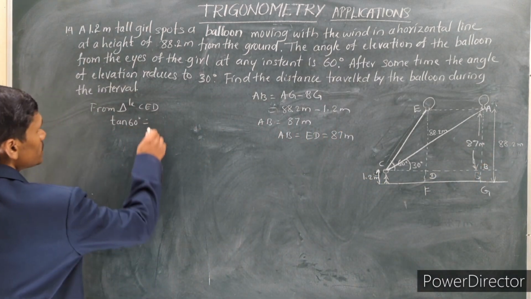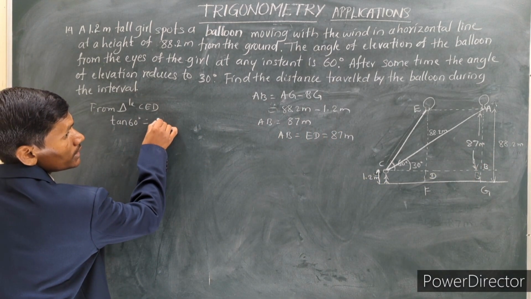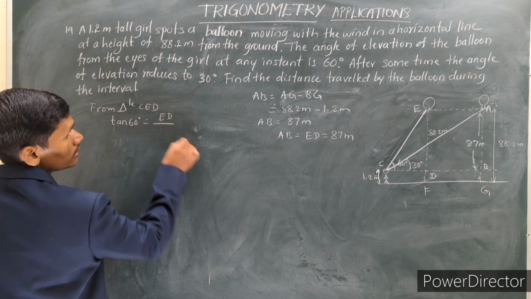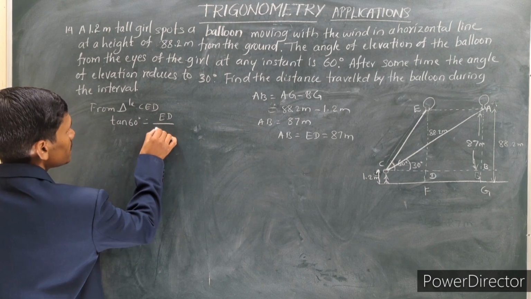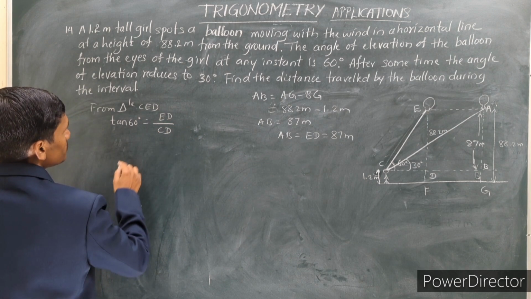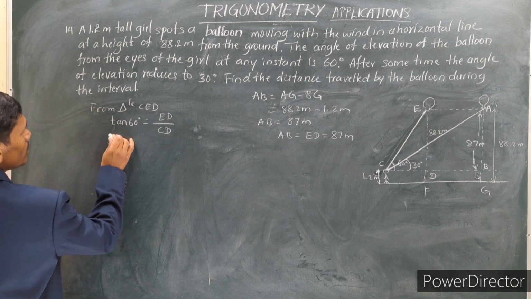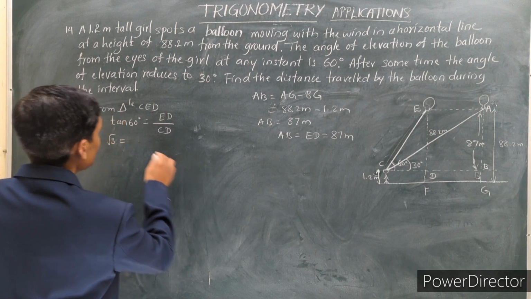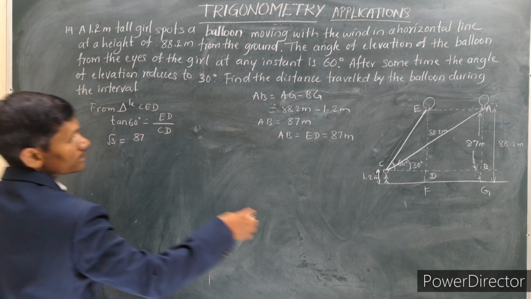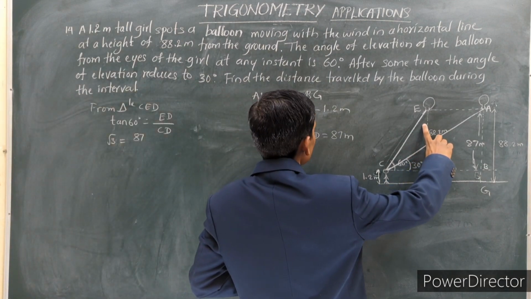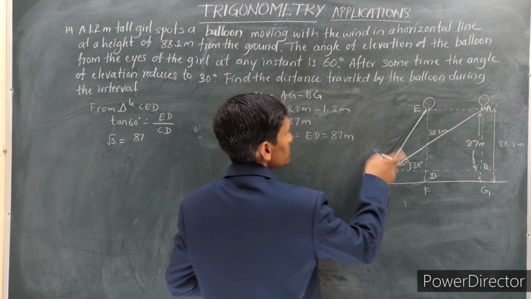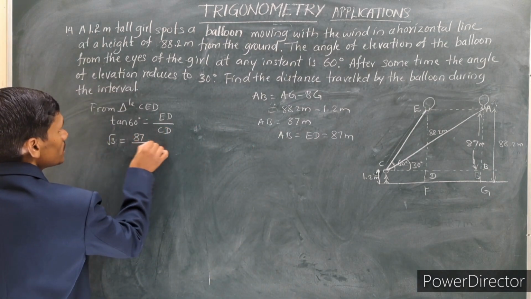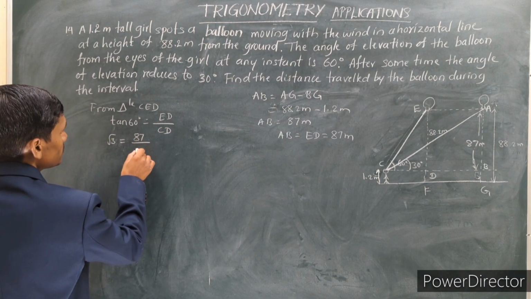Next, tan 60 is equal to opposite upon adjacent, that is ED upon CD. Tan 60 is root 3. ED is nothing but 87. So root 3 equals 87 by CD.